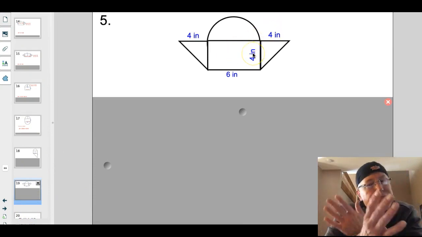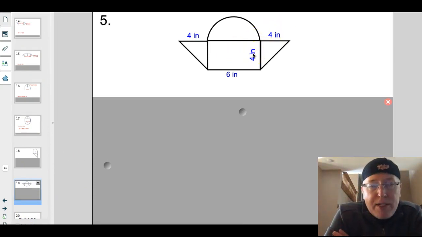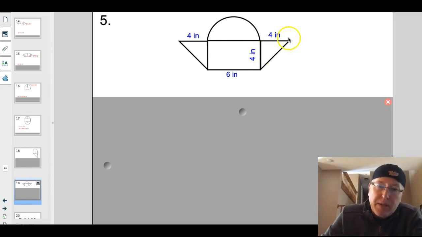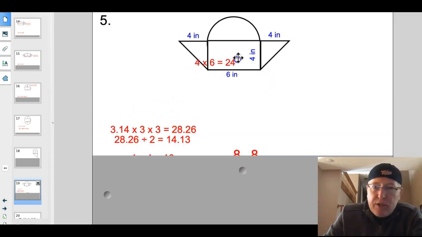All right, similar shape. Now I'm throwing some triangles on here. See how you do. Okay, let's see. Well, I got my 4 times 6. There's my 24 there. Now I got 1 half circle.